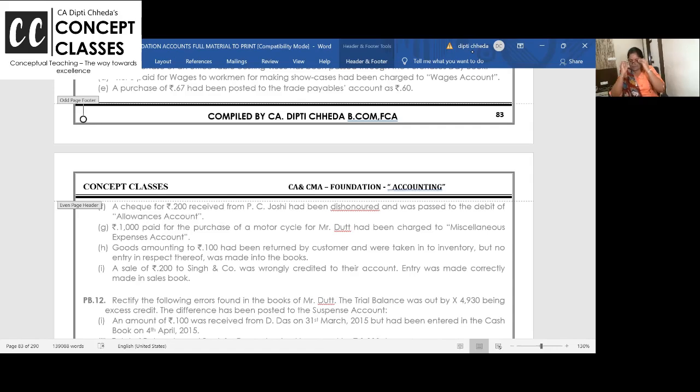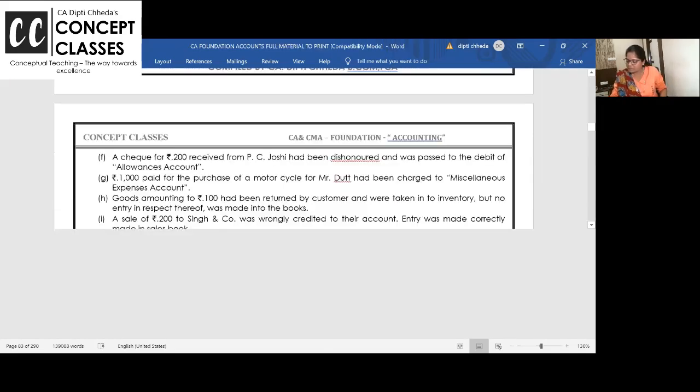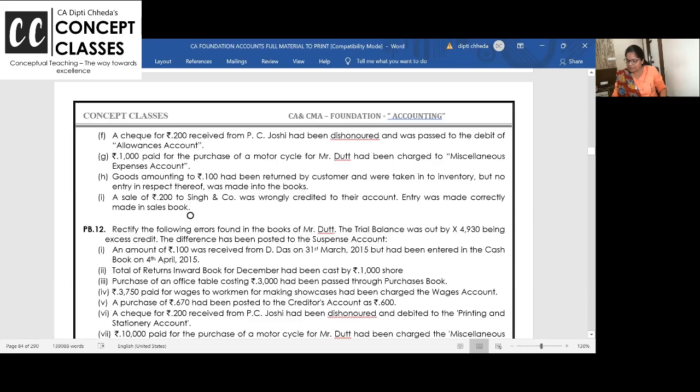I don't know why. One second. Yeah, now it is fine. One second, please, I'm doing some changes in the settings.